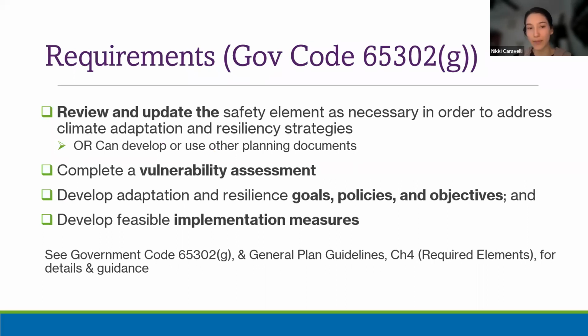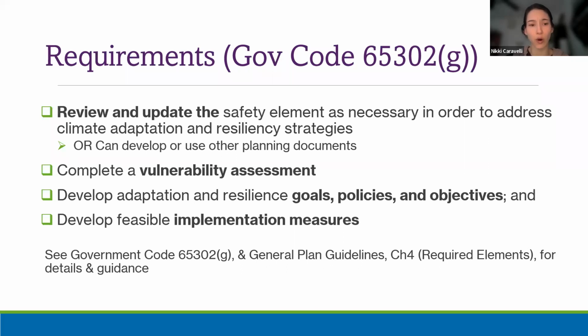Some of the requirements of this statute are that the safety element needs to be reviewed and updated in order to address climate adaptation and resiliency. The safety element can also reference another planning document, such as the hazard mitigation plan or an adaptation plan, as long as those plans address the necessary requirements in the statute.